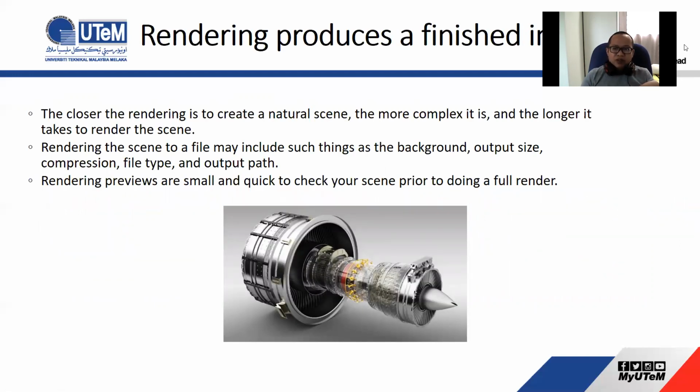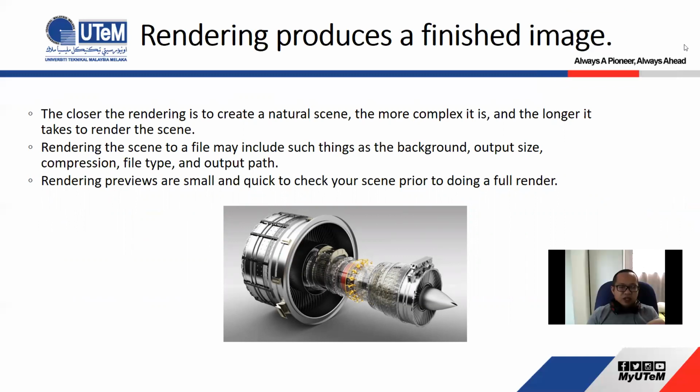Rendering produces a finished image. The closer the rendering is to creating a natural skin, the more complex it is, and the longer it takes to render the skin. Rendering the skin to a file may include such things as a background, output size, compression, file type, and output path.